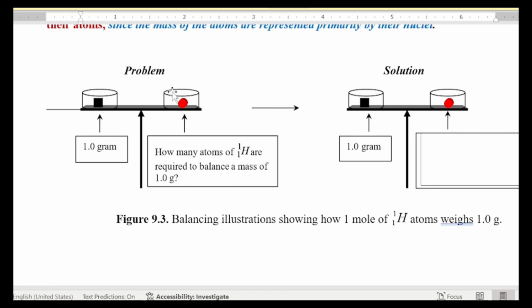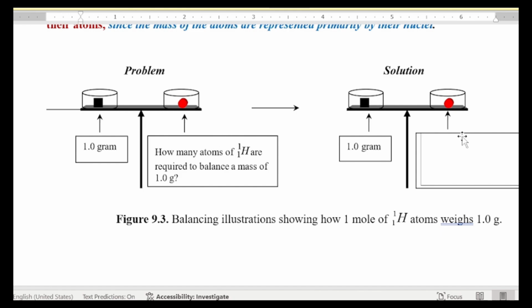If each dust particle represents an atom of hydrogen, how many hydrogen atoms will be needed here to balance this? Anybody have any idea? I have 1 gram. How many atoms of hydrogen do you think will weigh the same as 1 gram?